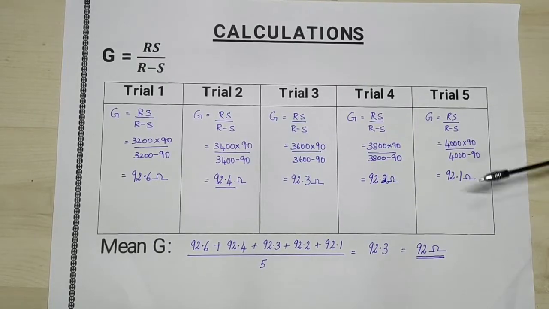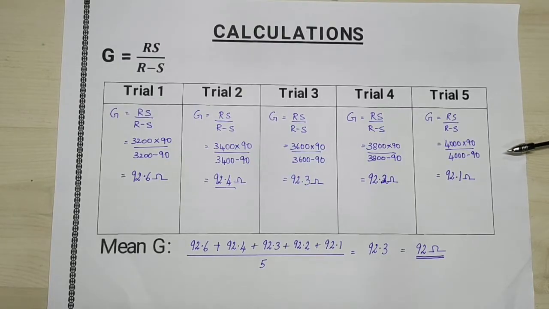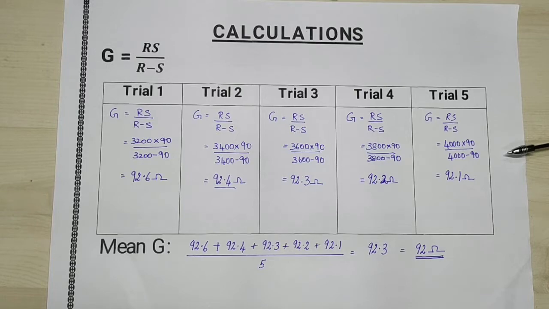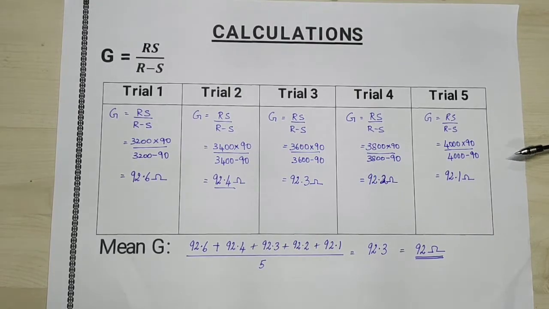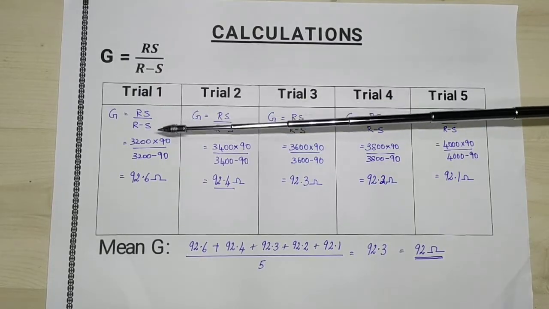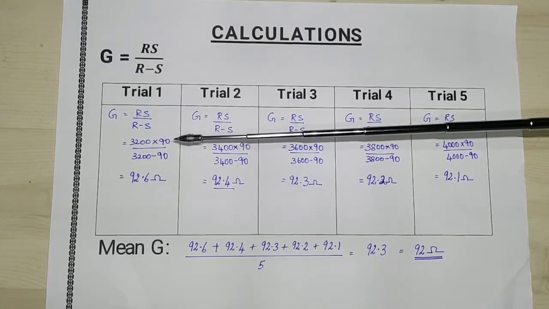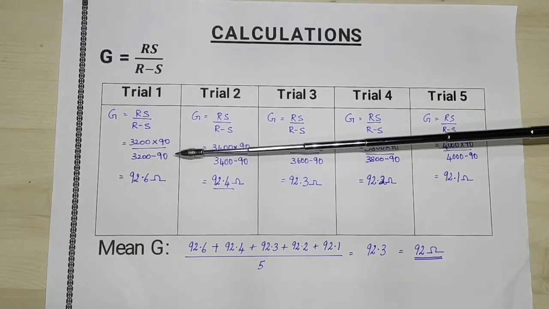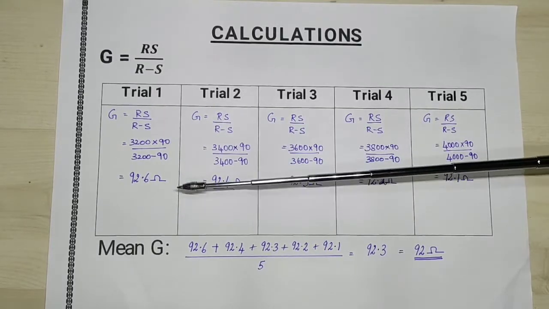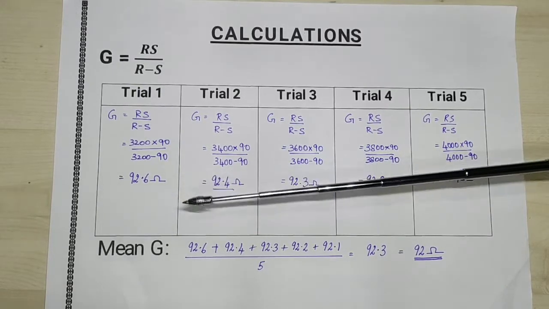Calculations. The steps of all the calculations for all the trials need to be shown in the record as well as during the board examination or any examination. So for trial 1, G is equal to RS divided by R minus S. For the first trial, 3200 into 90 divided by 3200 minus 90. After simplification, you get 92.6 ohm.